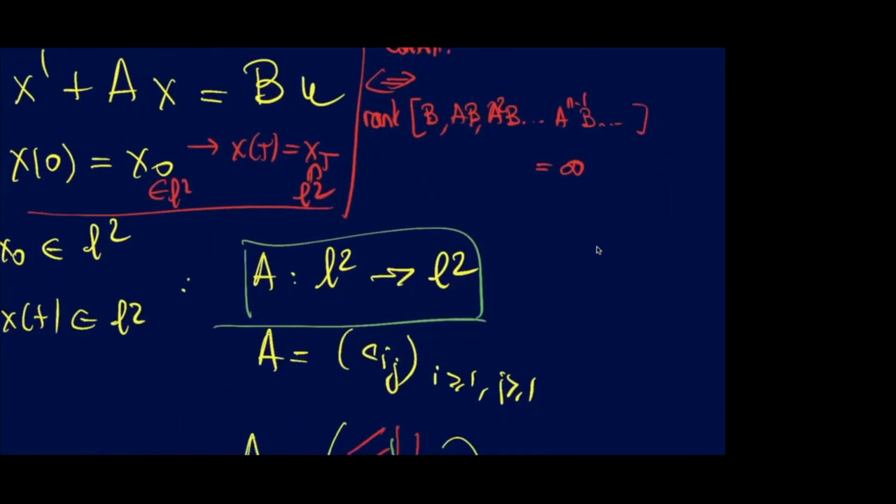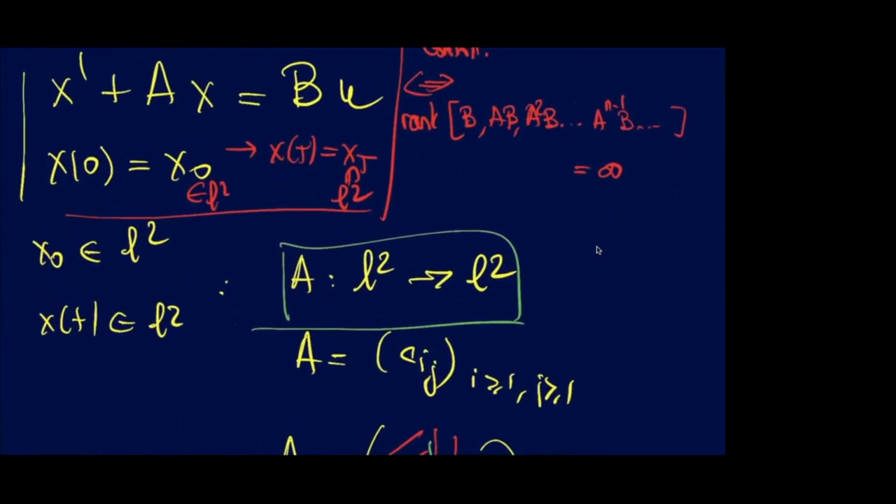Right? So this is not enough. This here is not enough. Why? Because you could have the rank be infinity, but only have, say, for instance, the even components of the system or the odd components of the system, right?